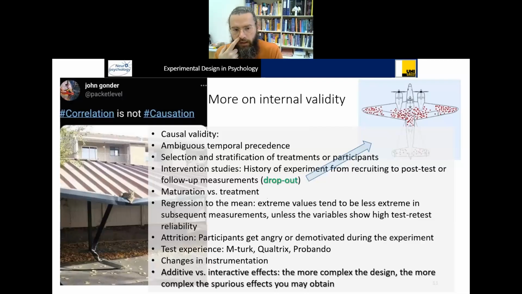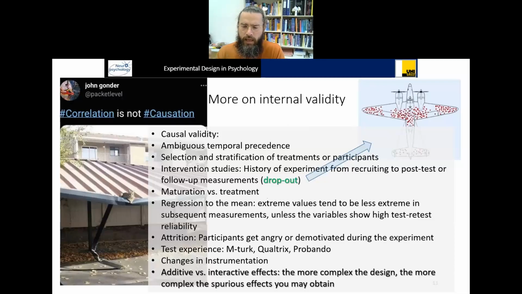There is a caveat here: how much stability do your measurements have? Different measurements may have different stability. The higher the stability of your measurement, the weaker the effect of the regression to the mean.